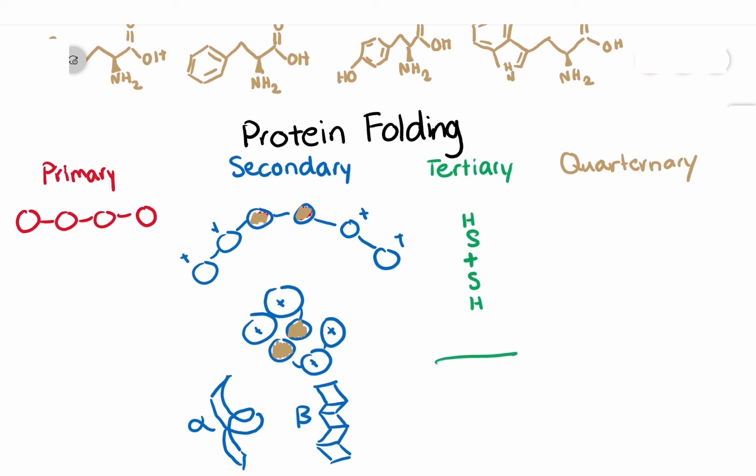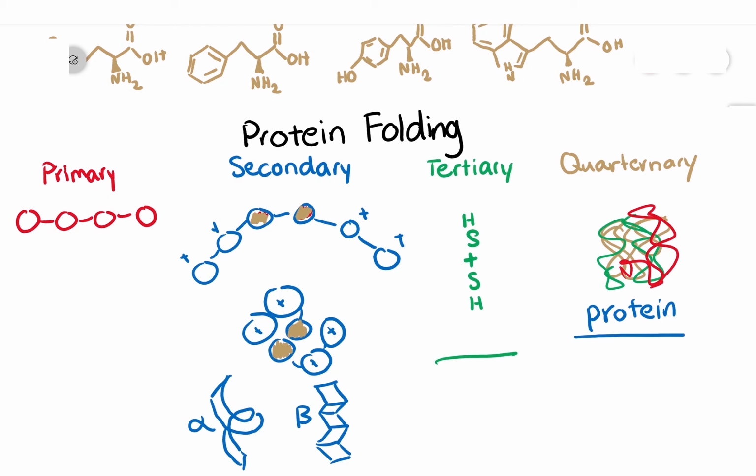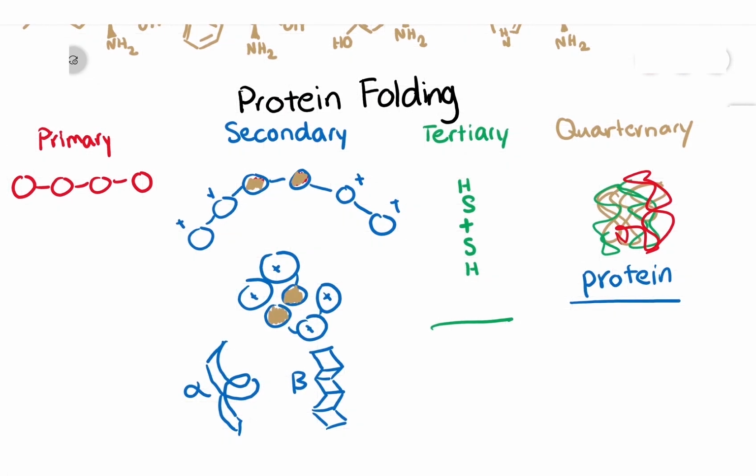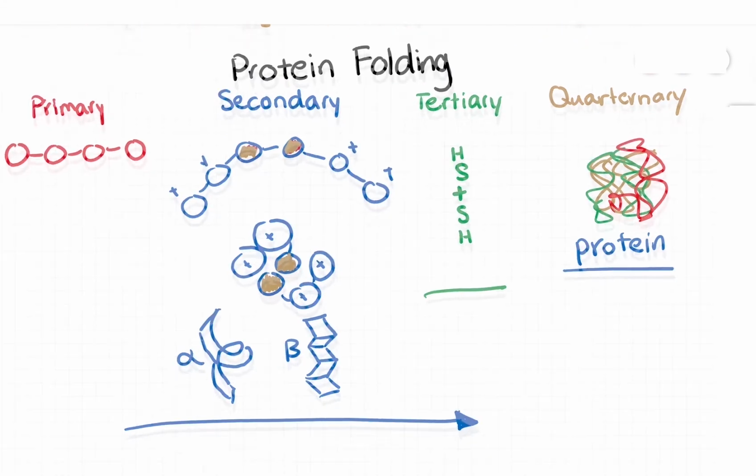But your quaternary structure is multiple of these proteins, or polypeptide chains, interacting with each other to create your final protein. And so your final protein is made up of multiple of these polypeptide chains that are edited throughout your primary, secondary, and tertiary structure.